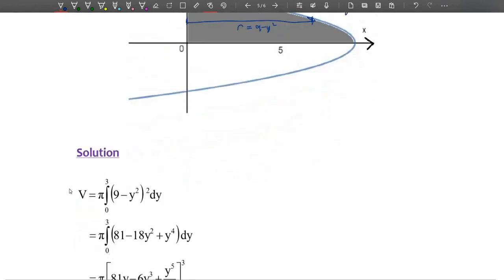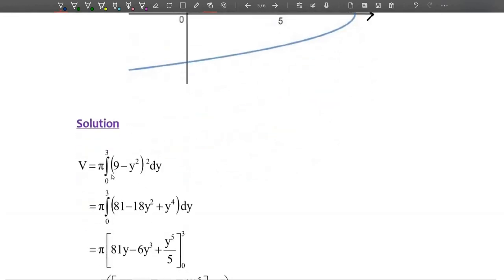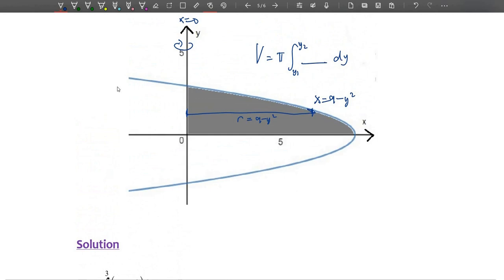We need to integrate V equal to pi from 0 to 3. Why 0 to 3? Because this is the lower limit of the region, and this is the upper limit. Since at first you don't know the value here, you need to find it by finding the y-intercept.